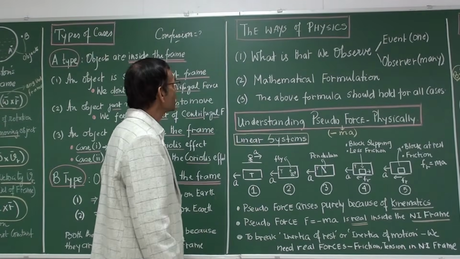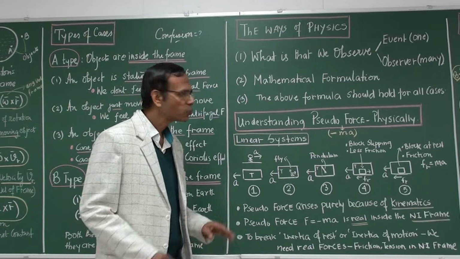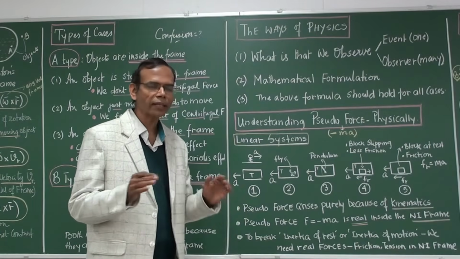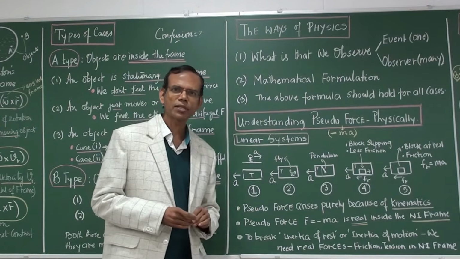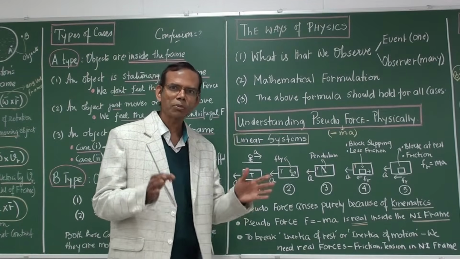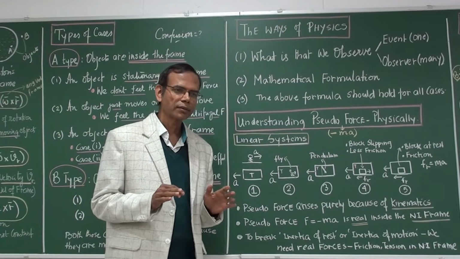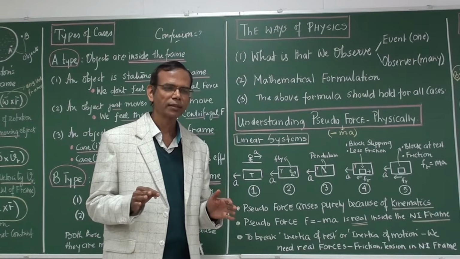Okay, so let us see the ways of physics, the way a physicist or a scientist looks at things. First of all, a physicist observes the phenomena in nature, and then he makes a mathematical model, some formulas.